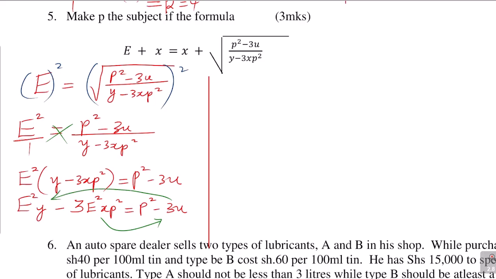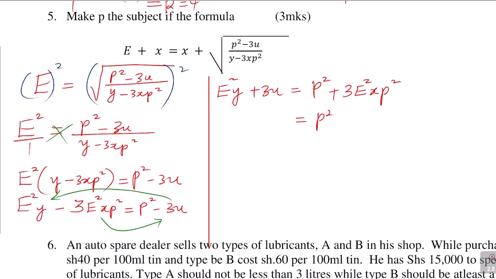So that we'll have e squared y plus 3u is equal to p squared plus 3e squared x p squared, like that. So now you can see that it is possible to make p squared the subject.